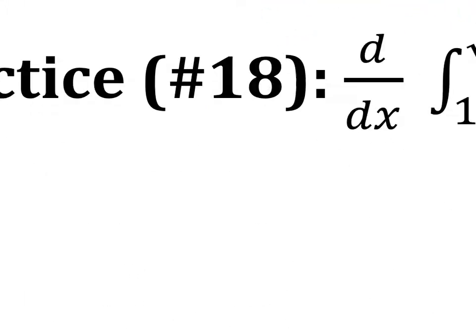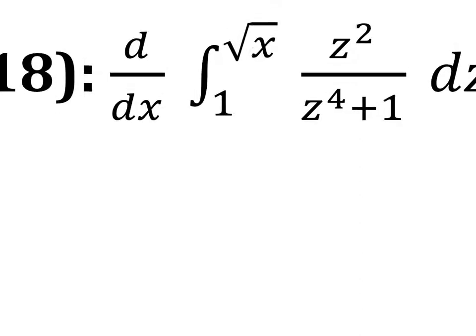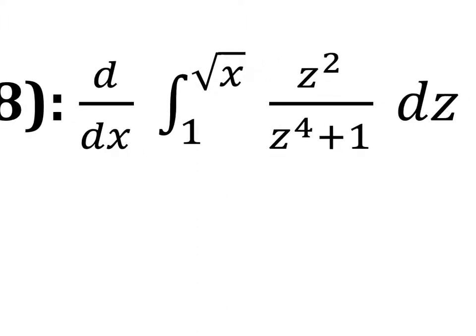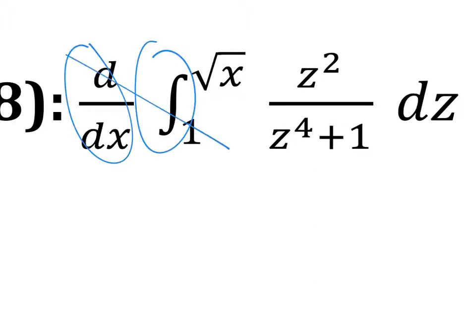Okay, try this one. d/dx. If you want to help yourself memorize this a little better, the derivative of the integral just cancels, so this just becomes the variable inside.